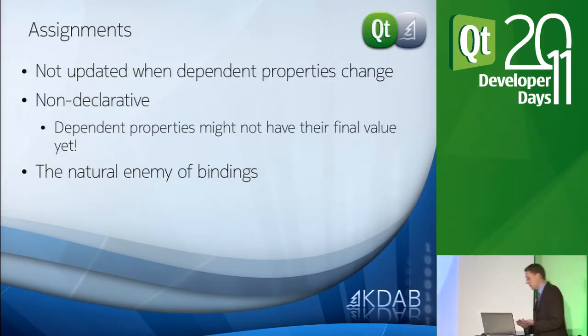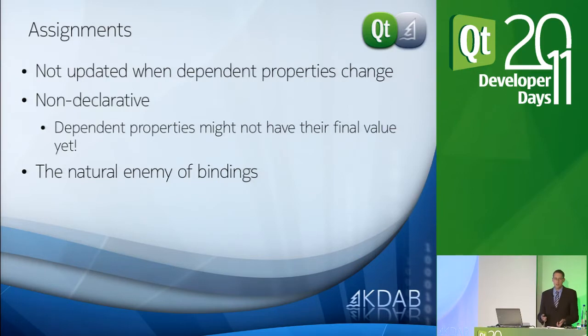Still, we have one trick around that. If you work with bindings, you know that if you ever accidentally assign to a property that has a property binding, you will break that binding.